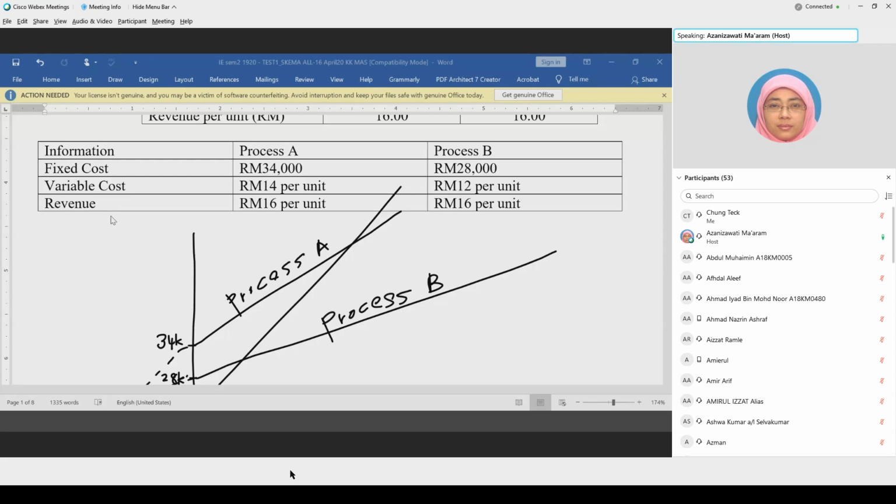First, you have to select which process is suitable to choose. Usually the revenue is the same. Whatever process you select, the selling price for the unit should be at the same price.